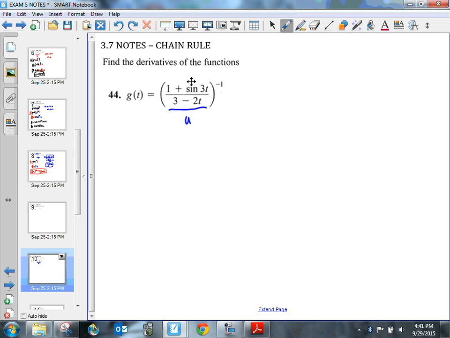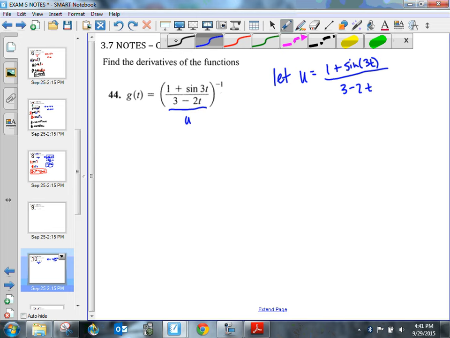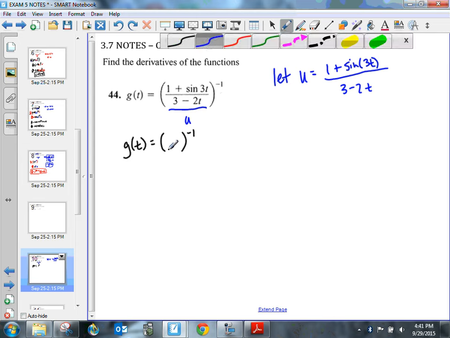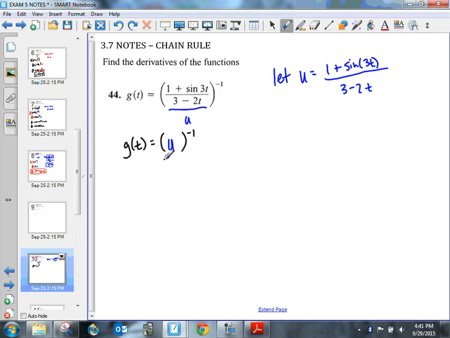So I want to let u equal 1 plus sine of 3t over 3 minus 2t. Now I want to write g of t is equal to some inside function u raised to the negative 1.